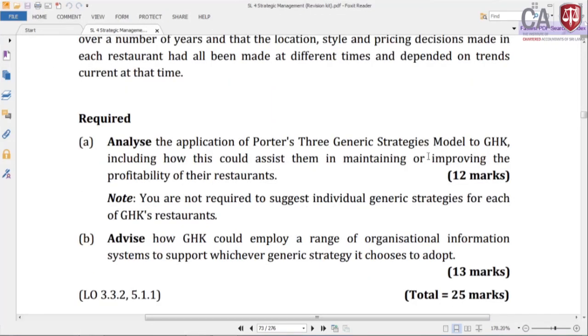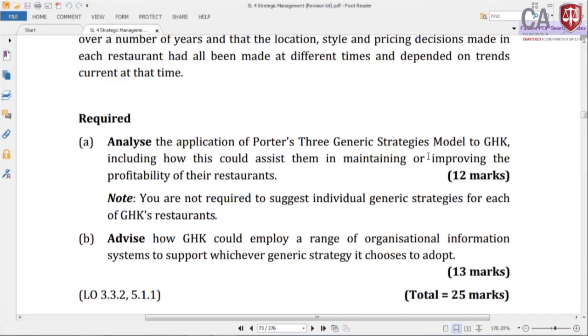Look at part B. How many marks are allocated by the examiner? There are 13 marks allocated by the examiner. So, more marks than part A. Therefore, you have to give more weight to part B.